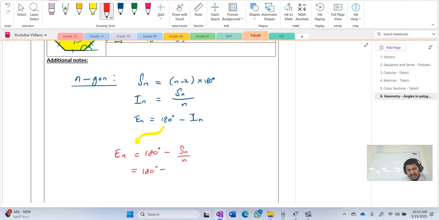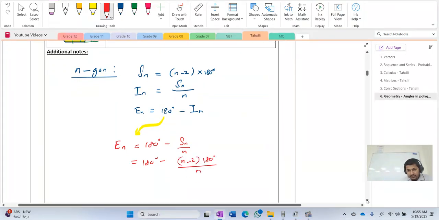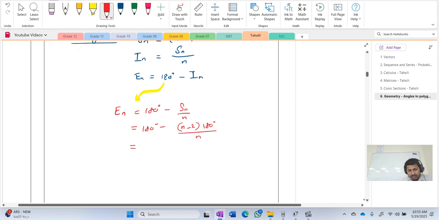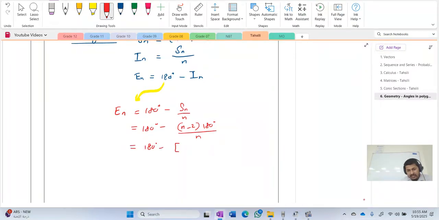So 180 minus, what's Sn? n minus 2 times 180, divided by n. If we open up the brackets, n times 180 is 180n, minus 2 times 180 is minus 360, all over n.